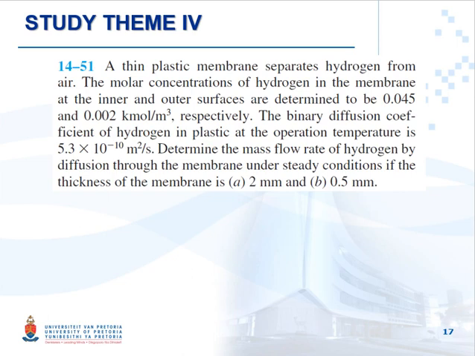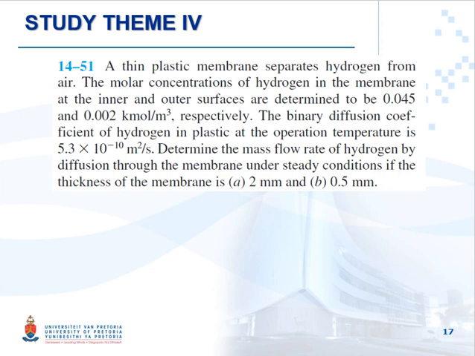So let's solve 14.51 of your textbook. A thin plastic membrane separates hydrogen from air. The molar concentration of hydrogen in the membrane at the inner and outer surfaces are given. The binary diffusion coefficient of hydrogen is given.